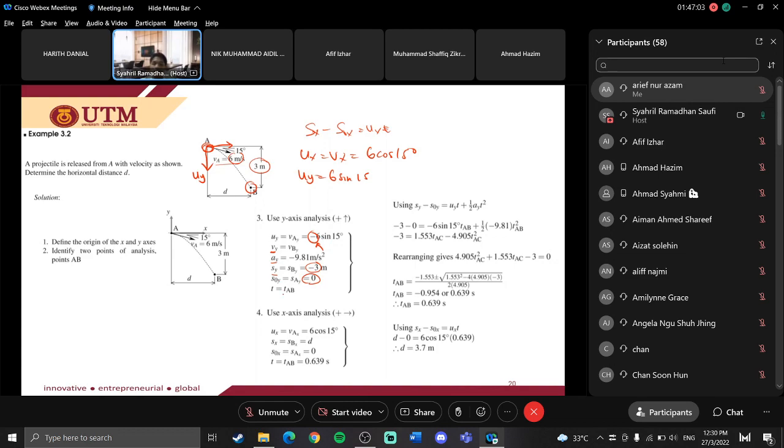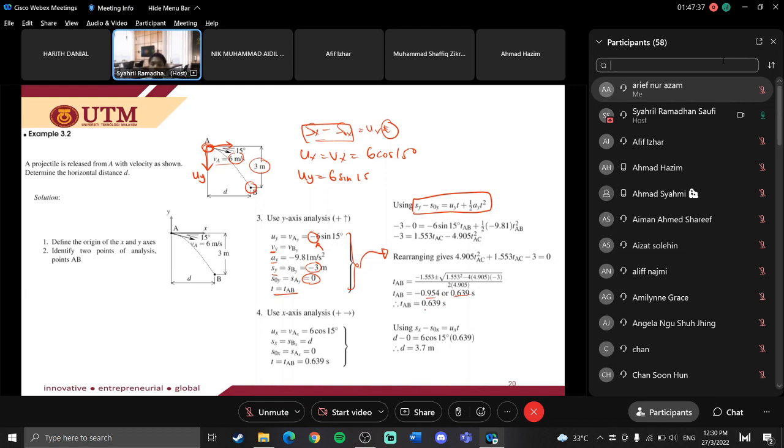Okay, and the time is unknown. From A to B, we don't know what the time is, so we just put unknown. Since you don't have the time, in order to solve for the horizontal distance, you need to use equation number 3 of the y-axis. You substitute all the information you have into this equation, then you will get two times, negative and positive.